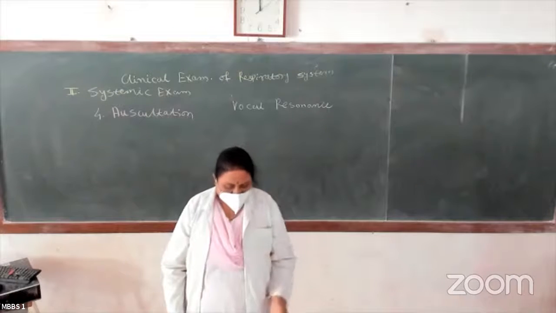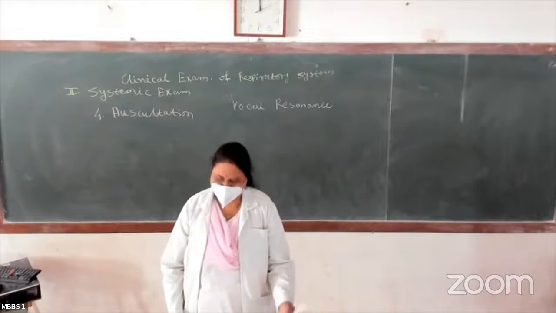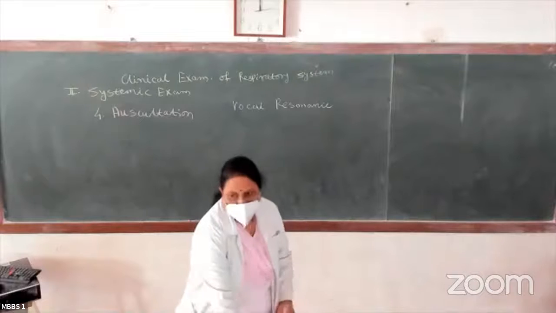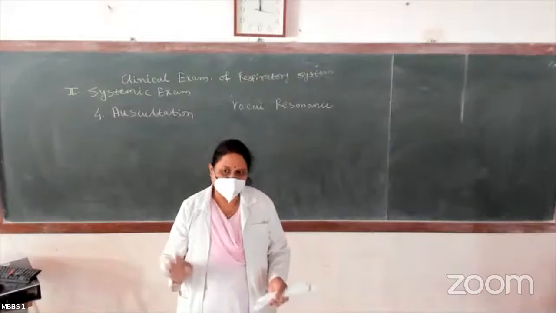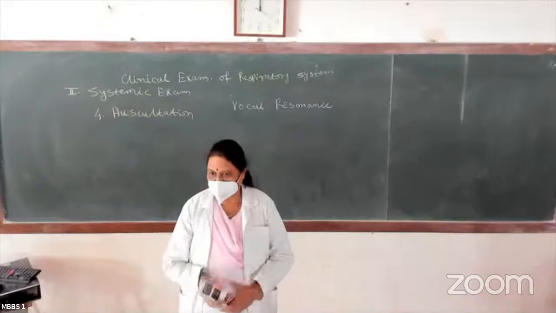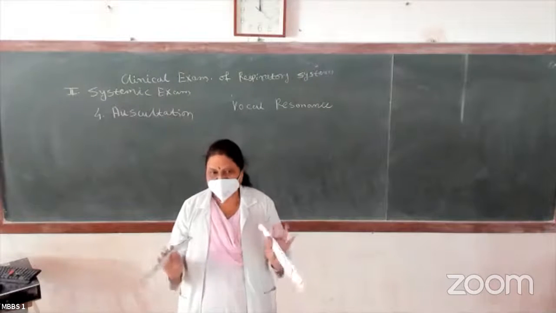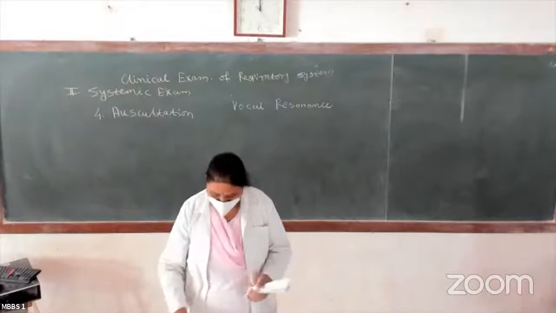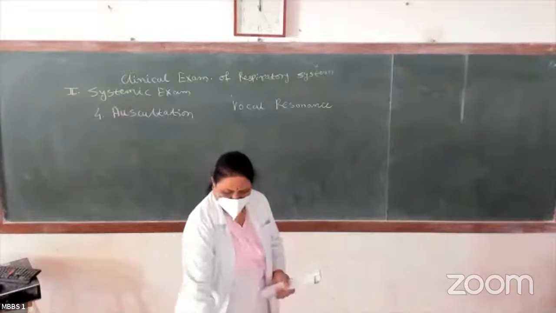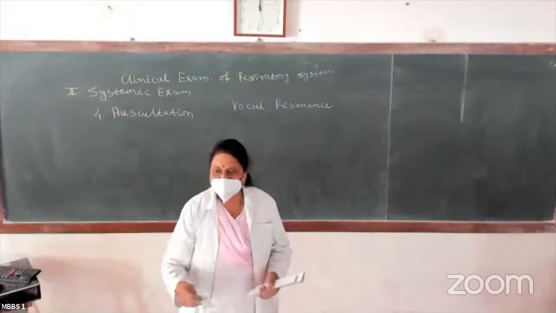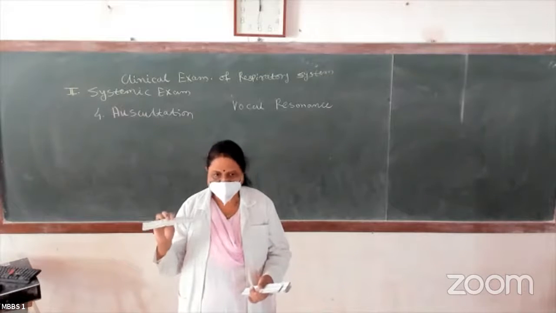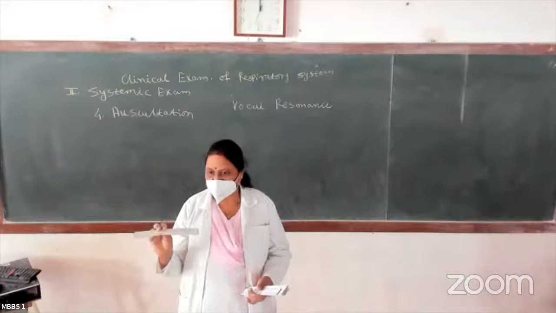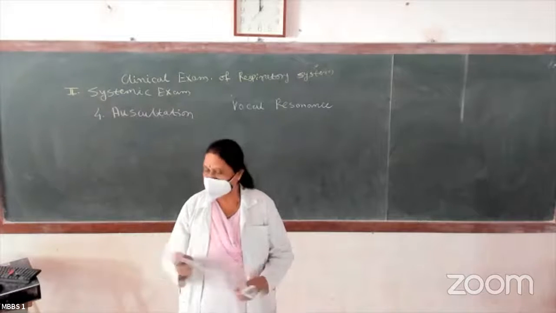Each question is for 10 marks. So for all systemic examination, inspection, palpation, percussion, and auscultation, in all four there is a 10 marks question. And examine the trachea by inspection and palpation, again 10 marks. Trail's sign: if there is a shifting of the trachea, Trail's sign is positive.